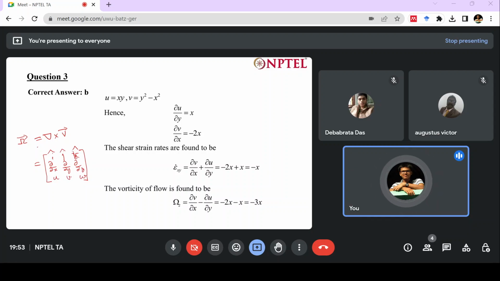So this can be used to calculate the vorticity. And now here, since the z component is zero, this is a two-dimensional velocity field, so there is no z component here. So this reduces to just the k component of the vorticity, which is basically del v del x minus del u del y. So what we were doing, we were finding the k cap component. Okay.